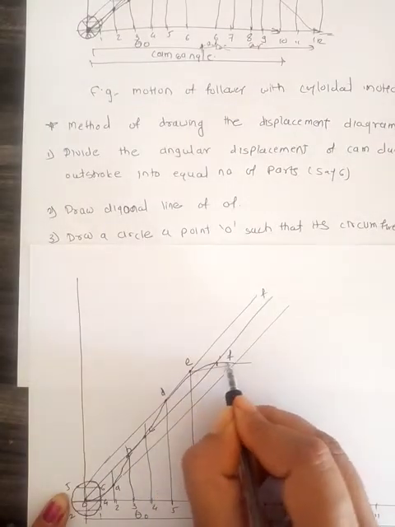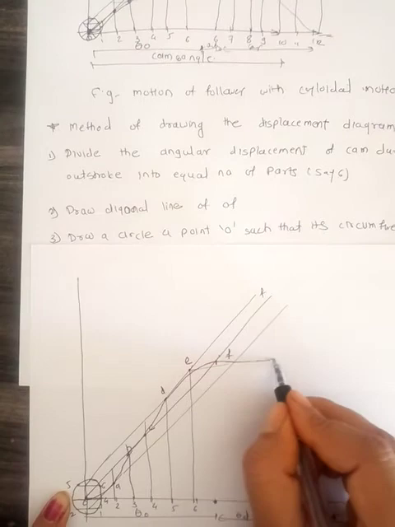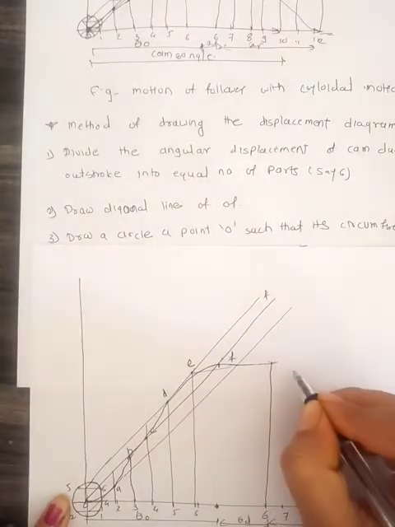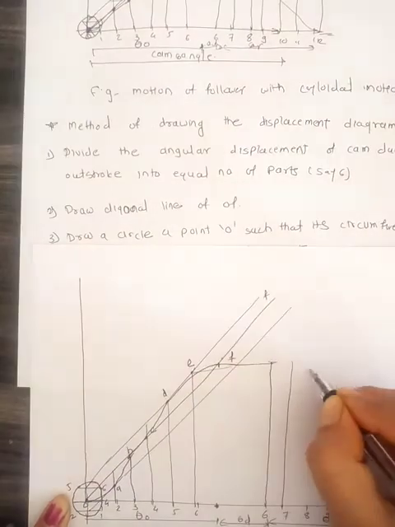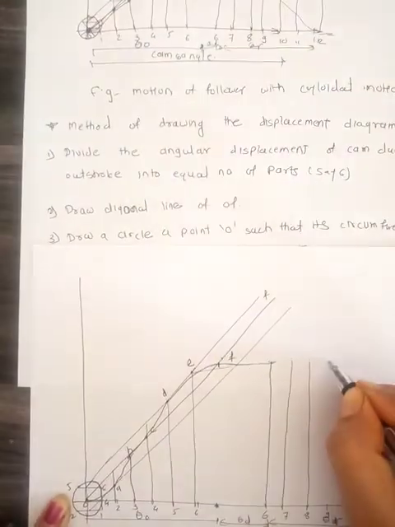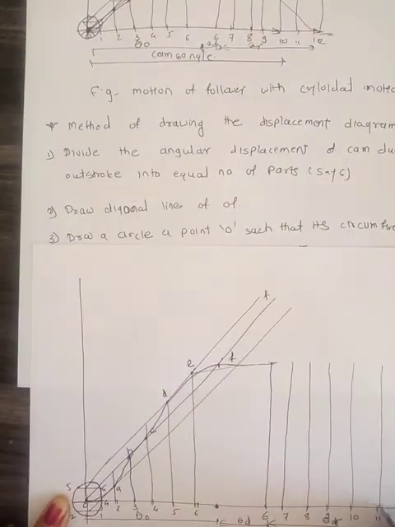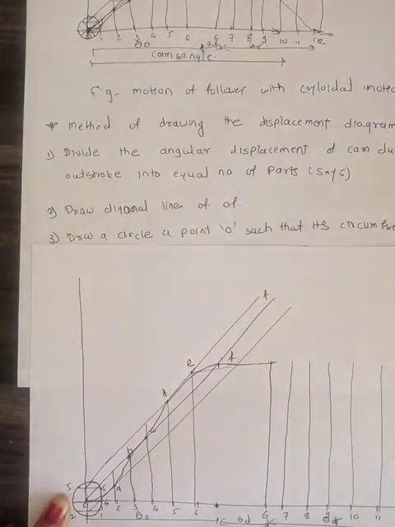Suppose this is the cycloid, and again draw the projections 6, 7, 8, 9, 10, 11 and then 12.